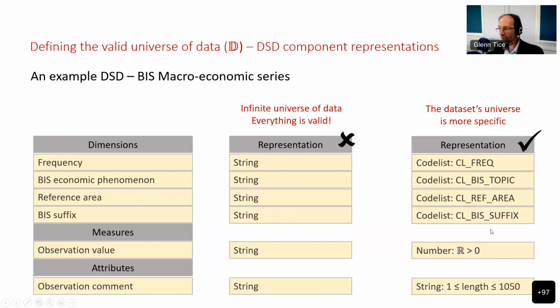So we don't have to use code lists. We can use so-called described representations. So for observation value, we may want to define this as simply a number. In this particular case, I've said that valid observation values are real numbers greater than 0.